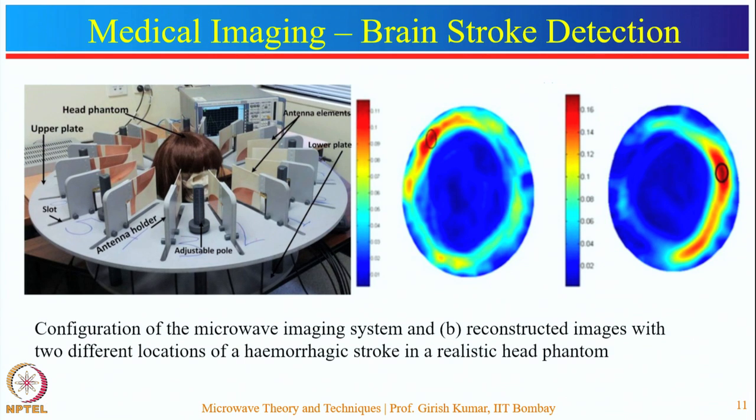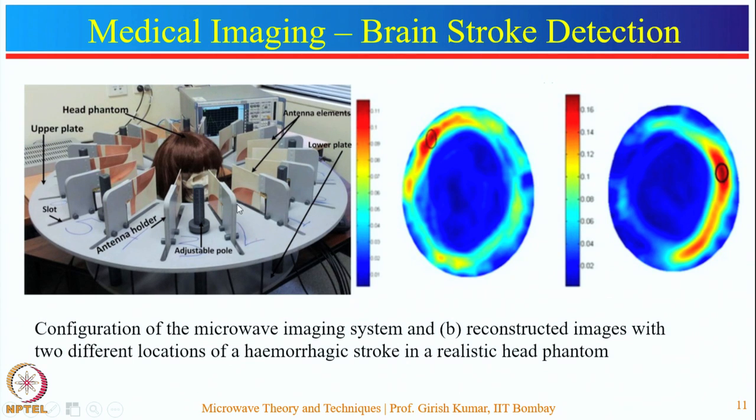These antennas are connected to a vector network analyzer and they are selected using two SP8T switches. The first switch selects antennas 1 to 8 and the second switch selects antennas 9 to 16. Now this platform considers the normal human brain conditions, which contain the skull, white matter, grey matter and cerebrospinal fluid.